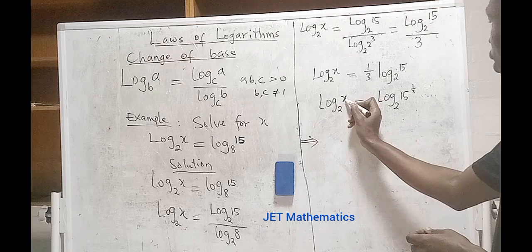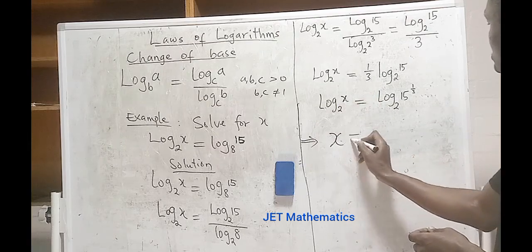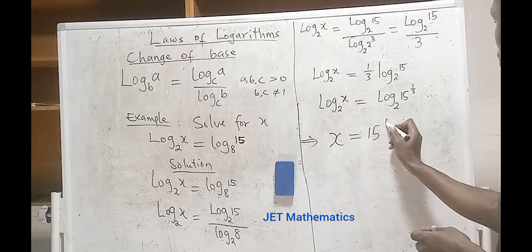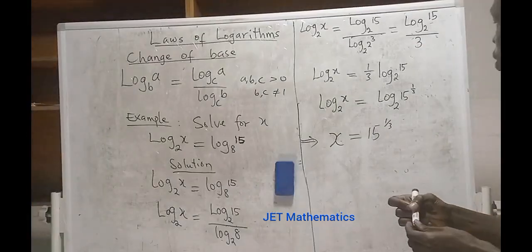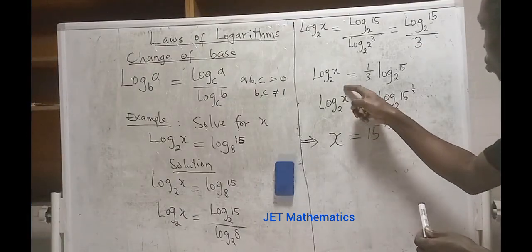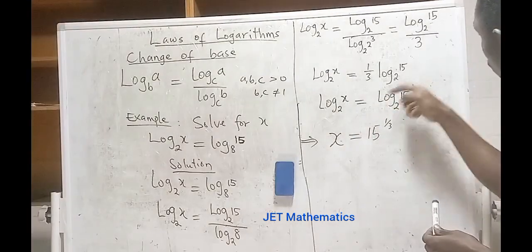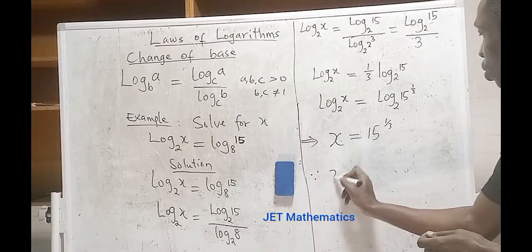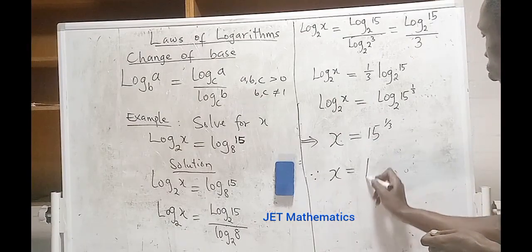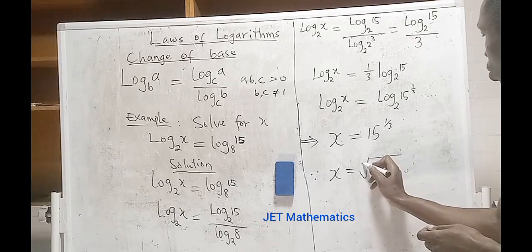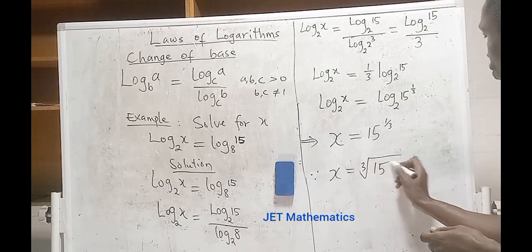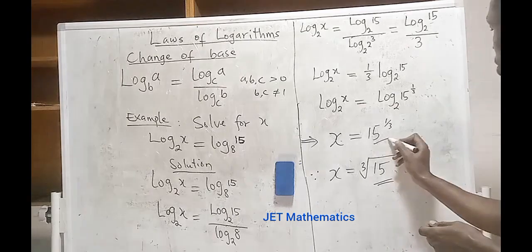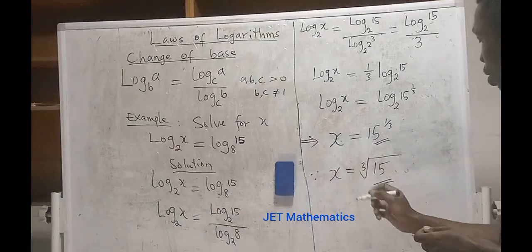It must be that x is equal to 15 raised to the power of 1 over 3. So the whole of here should be equal to the whole of here. And then writing this mathematically in a proper form can be the cube root of 15. So you can stop here, that's the answer.